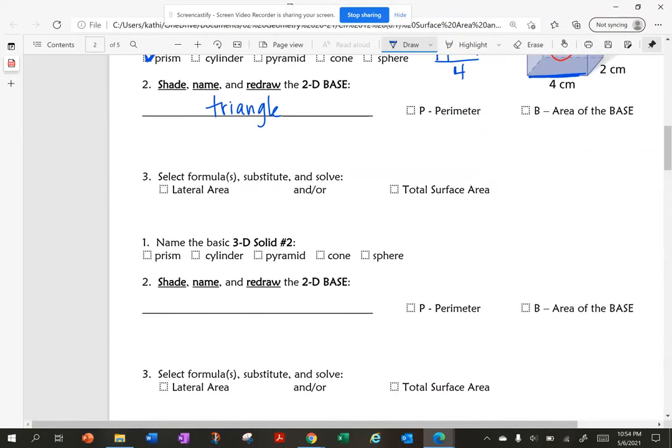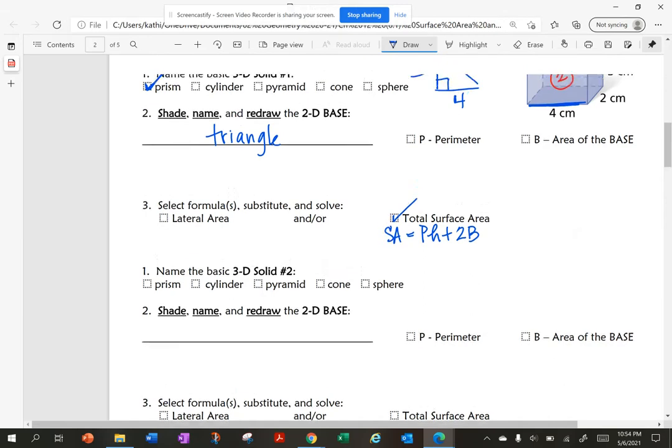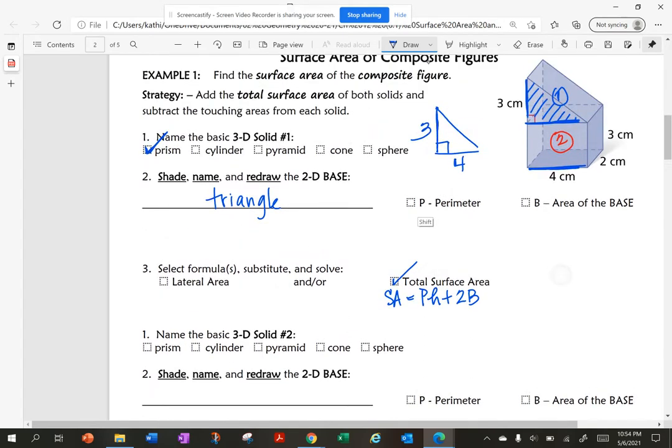I just want the total surface area, not the lateral area. So surface area equals P times H plus 2B. Since I need to calculate the perimeter, I need to find that, and I need the area of the base, so I need to find that.